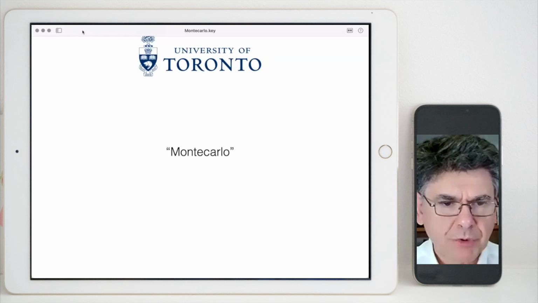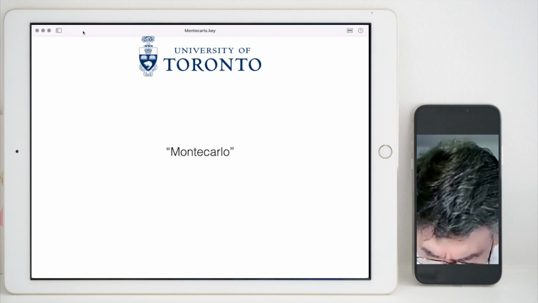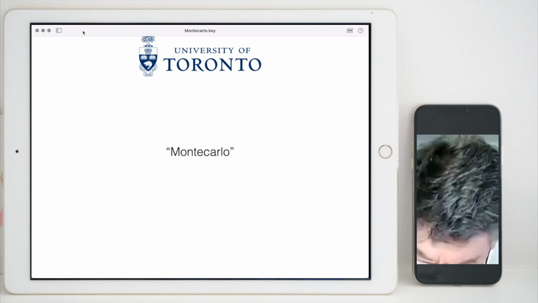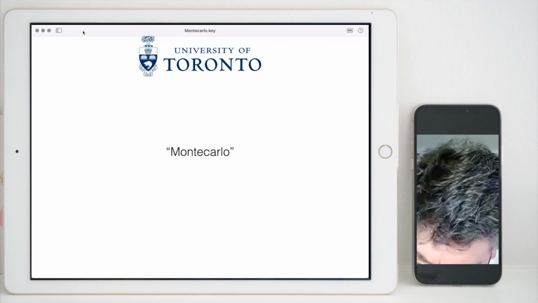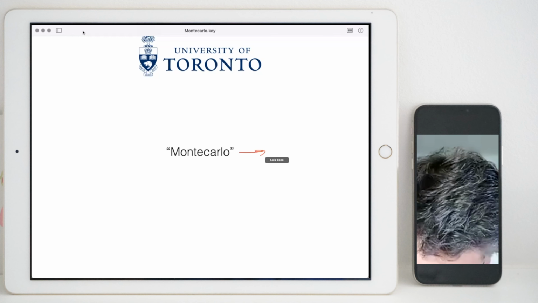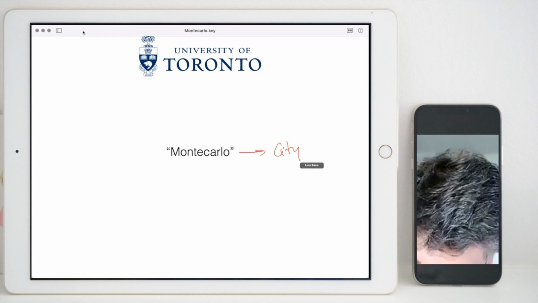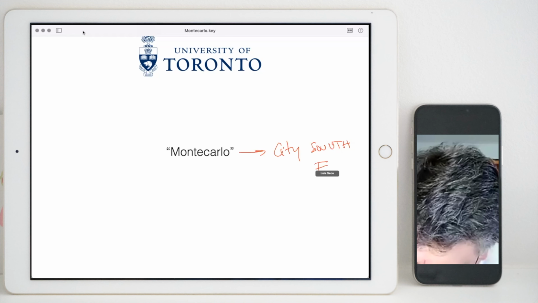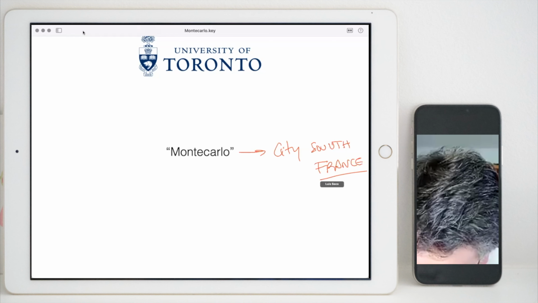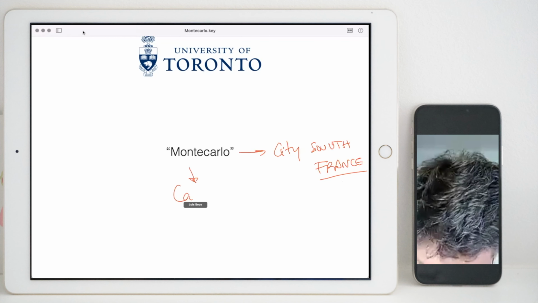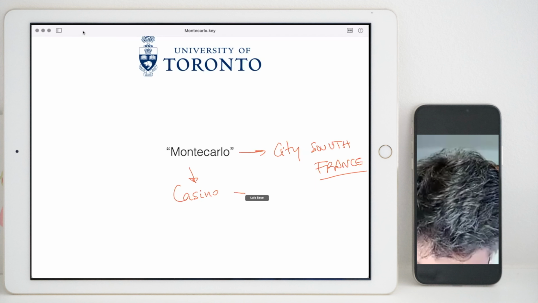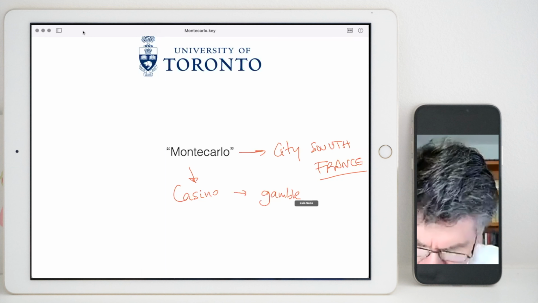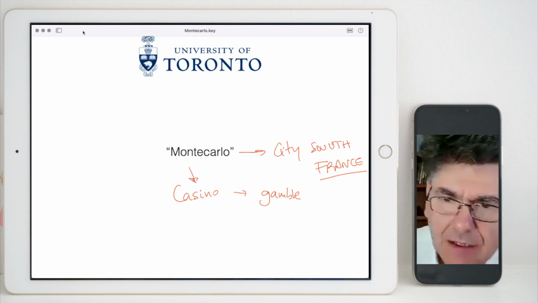This method is called Montecarlo, and you may know Montecarlo is a code name. Let me explain by telling you why it's called Montecarlo. Montecarlo is a name of a city in South France, which has a casino. Casino is where you gamble. Okay, and the idea of the casino is that it gives random outcomes.